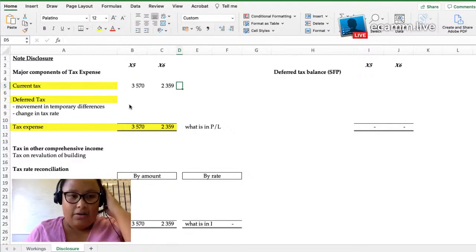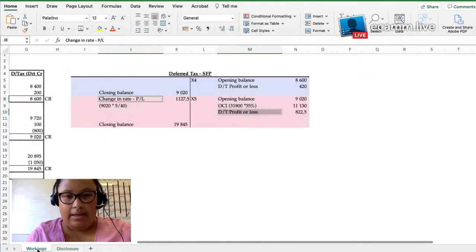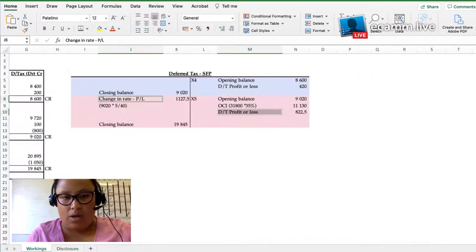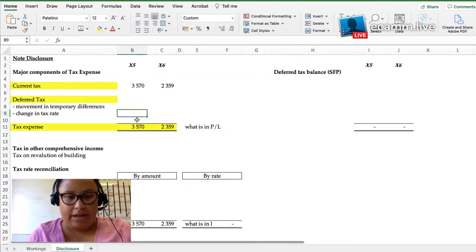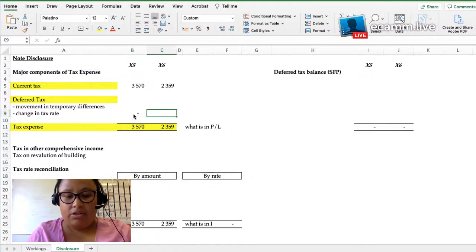Now, what is the change in the rate? It was 1127.5. I'm just going to say 1127 for now because that's how it's been rounded in the standard. The change in rate in X5, there was no change in rate, but it's 1127 in the prior year.